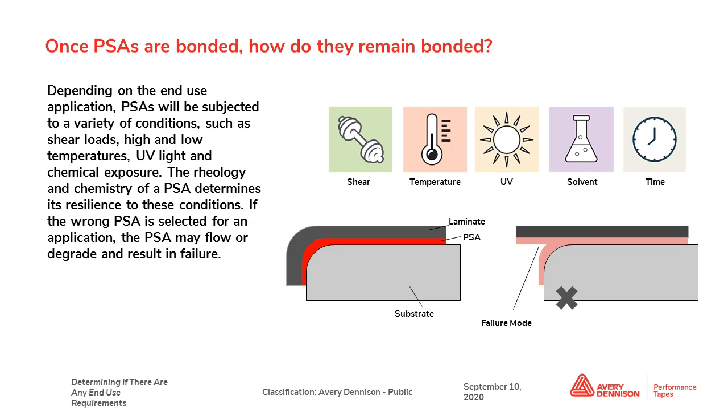But today, we are concerned about how do they actually remain bonded. So PSAs and the laminated part and how they're bonded to the substrate are going to be exposed to a variety of different conditions. So there's going to be the shear loads that might be applied. If you look at the particular picture here that has the substrate, the PSA, and the laminate, this could be like a die-cut foam, for example, and the foam maybe has to go around a corner of the substrate.